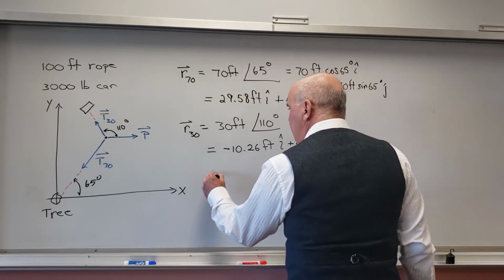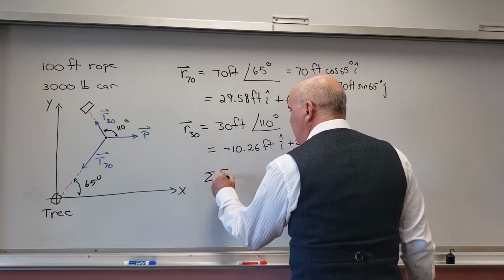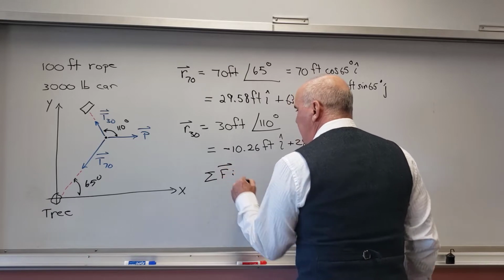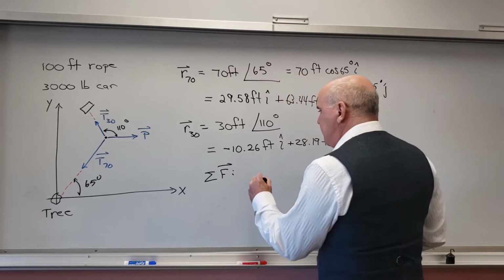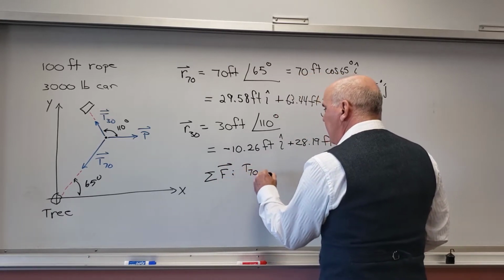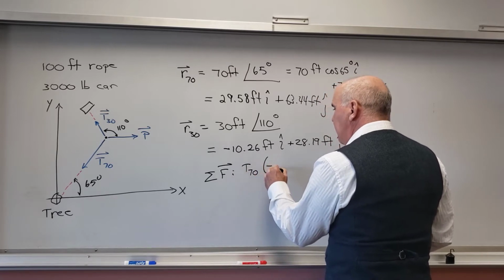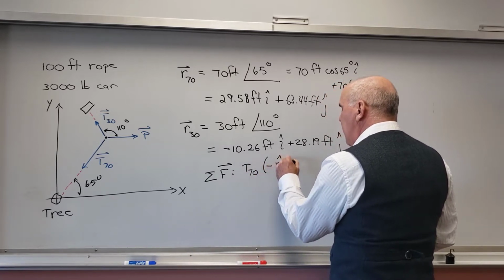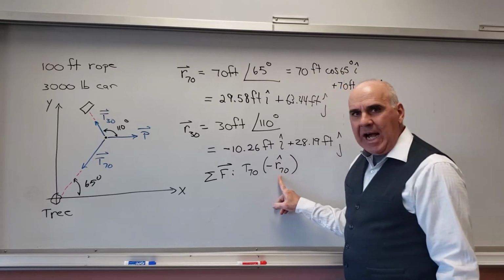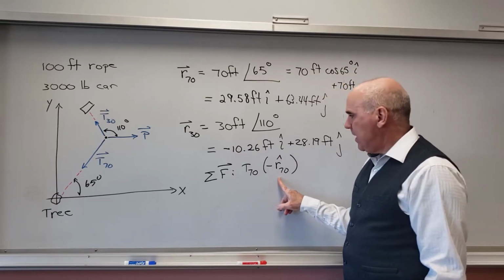So what I want is, when I do the sum of the forces vector, I'm going to get T70 times negative R70 hat, because it's in the opposite direction as the R70.